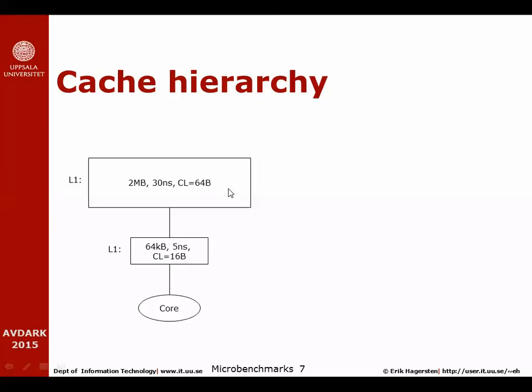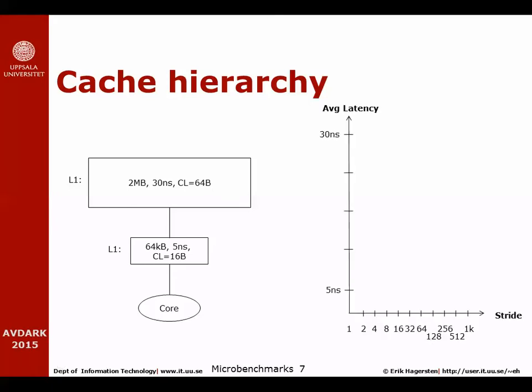So let's see what the average latency curve would look like for this kind of cache hierarchy with two levels. If we use a vector that's smaller than or equal to 64 kilobytes, we will always see the good news: we will always have an average access time of 5 nanoseconds.